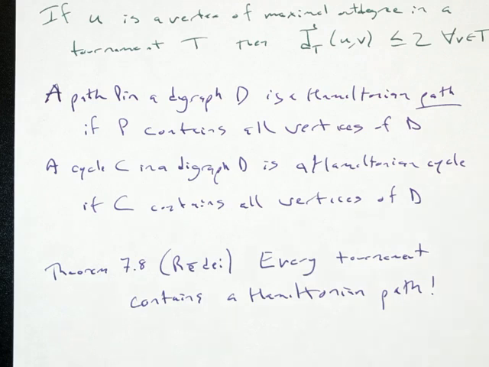Now, this isn't necessarily a true ordering because there may be more than one Hamiltonian path in my tournament. If T is transitive, then I won't have any cycles, but I will still have a path.